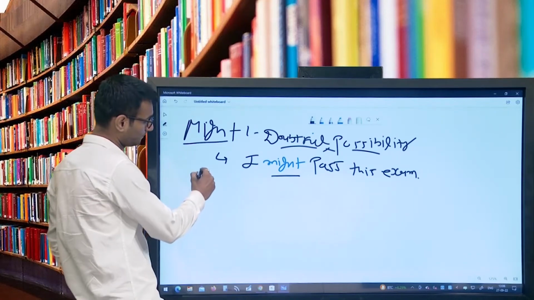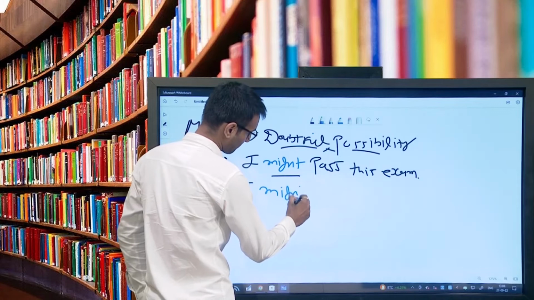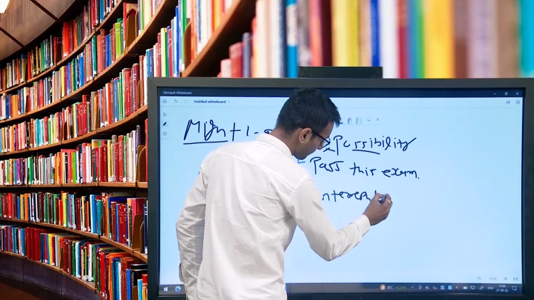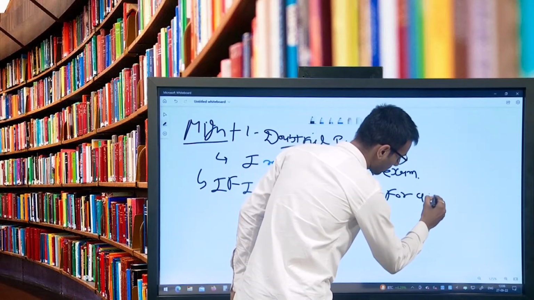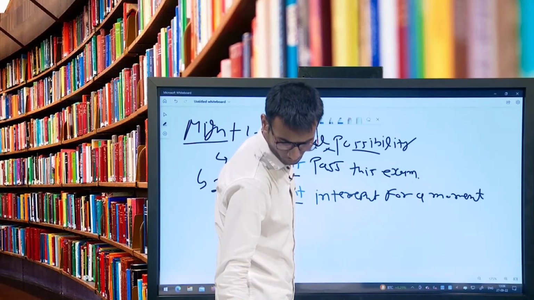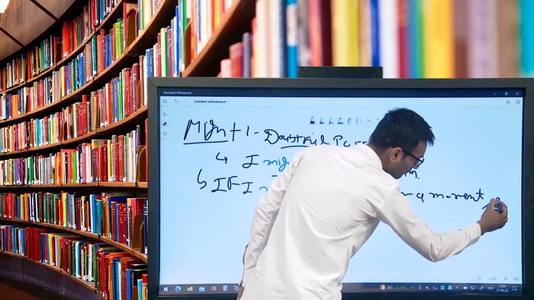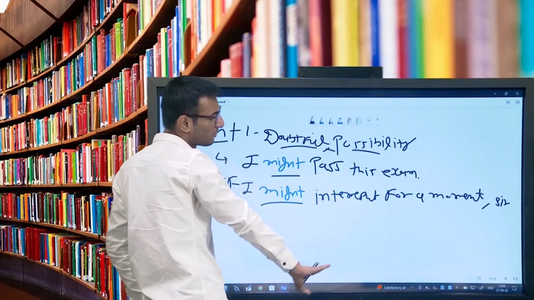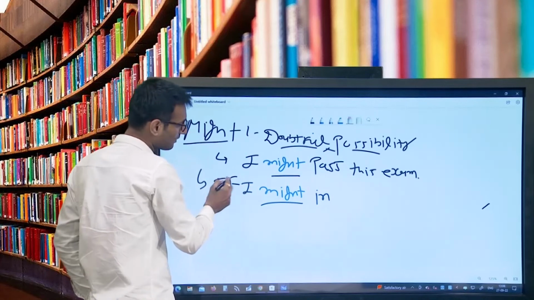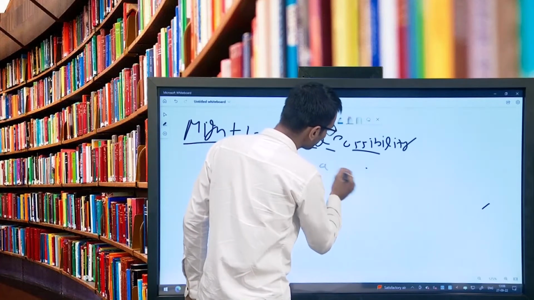For example, if I might interrupt you for a moment, means ક્ષમા આપણે કોઈને પોલાઇટલી રિક્વેસ્ટ કર્યું હોય ત્યારે આપણે શું યુઝ કરીએ છીએ might, and when we use it to show doubtful possibilities, then it is also used.